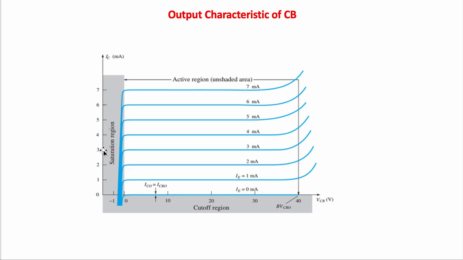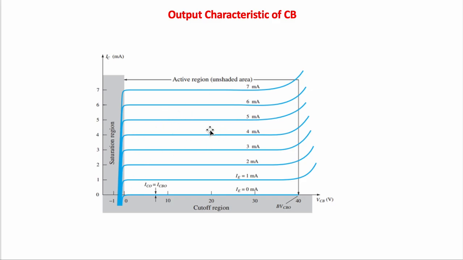Let's look at the output characteristic of the common base configuration. The output characteristic describes the relationship between output current and output voltage, IC and VCB. The characteristic is presented for three operation regions: active region, cutoff region, and saturation region.